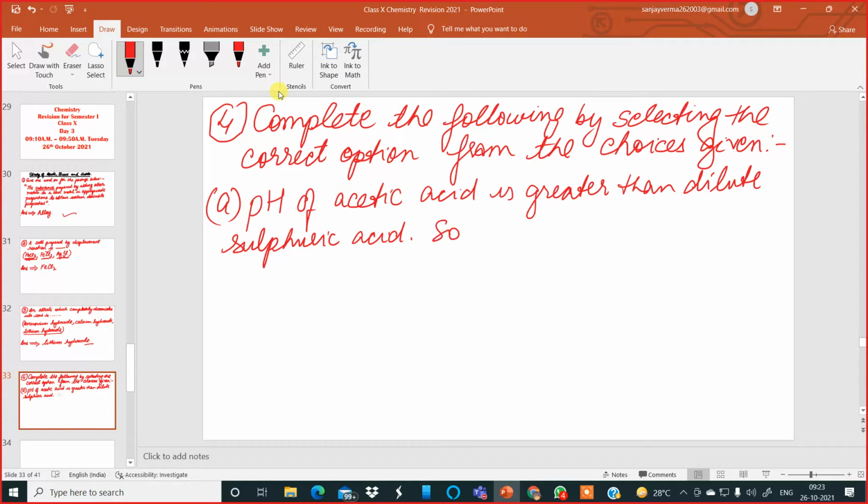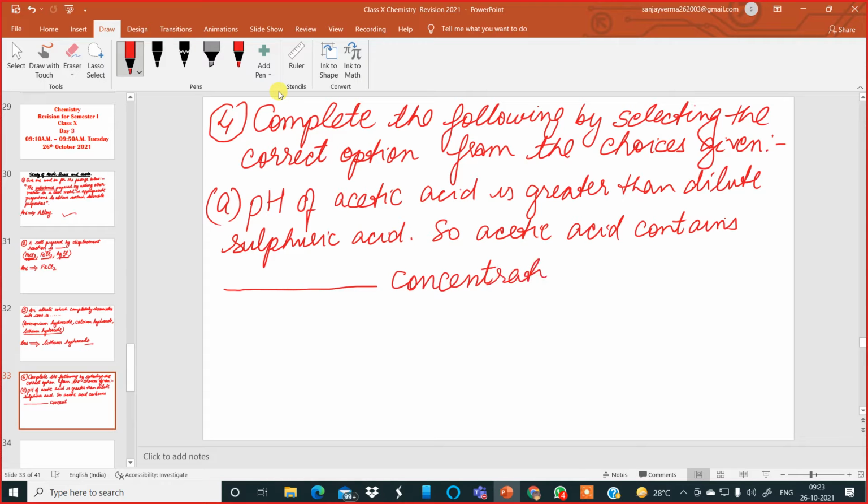So acetic acid contains dash concentration of H plus ions.